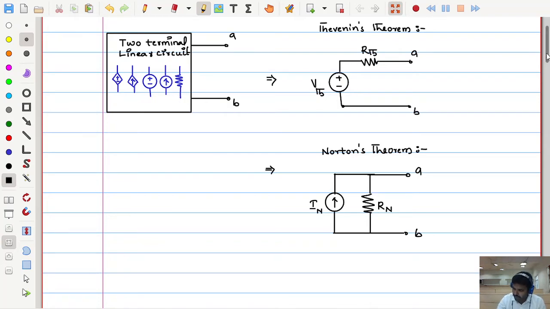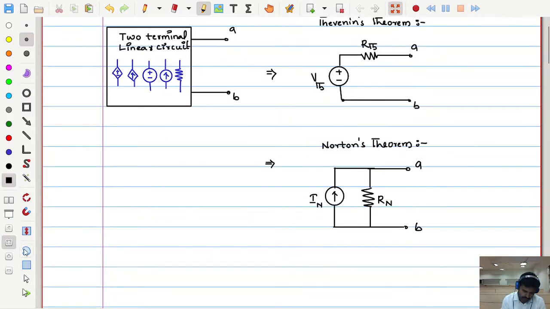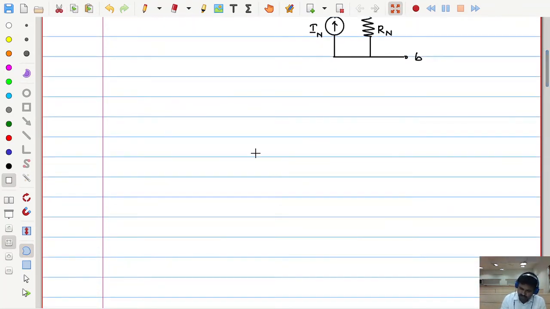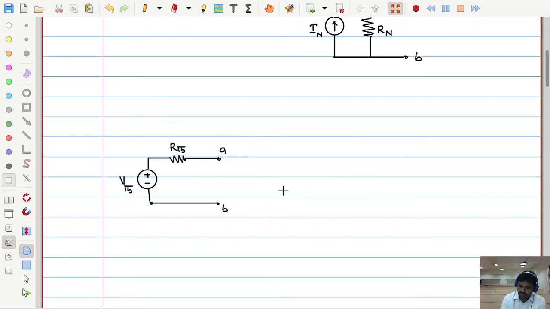And finally, let me give you some kind of comparison for these two, that we saw: the voltage source to current source conversion and current source to voltage source conversion. Let me take this voltage source value here. Now if these are available, can I convert this into a current source?